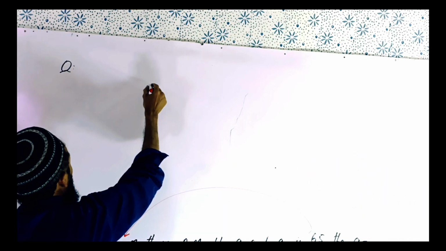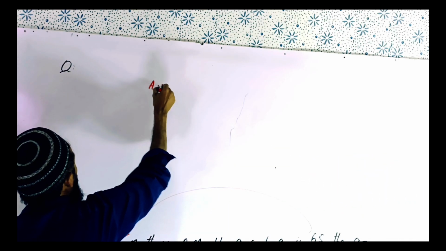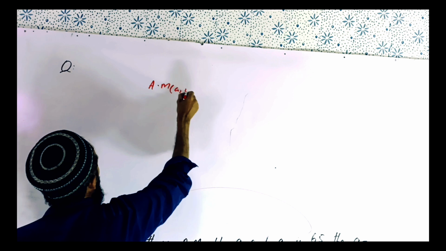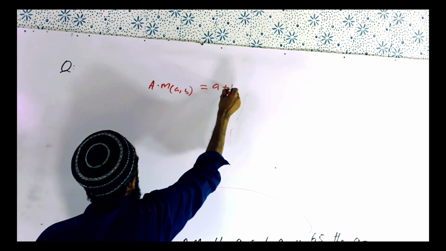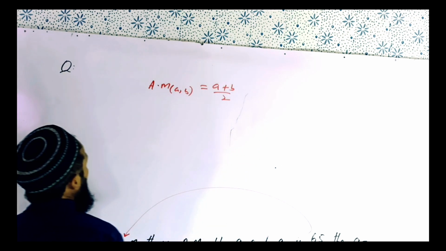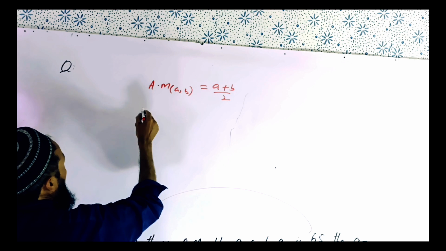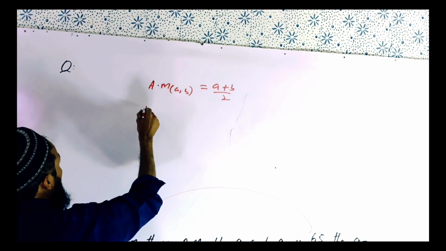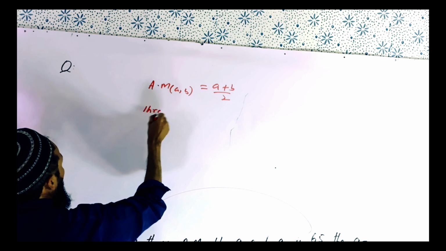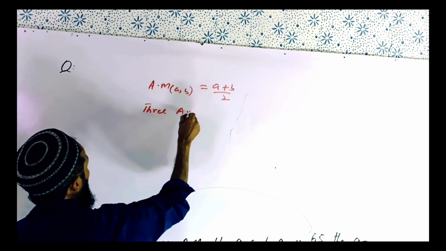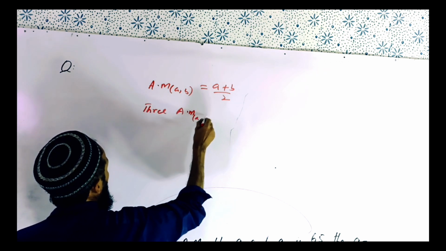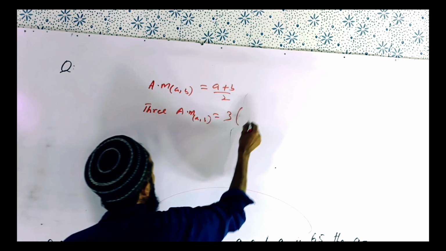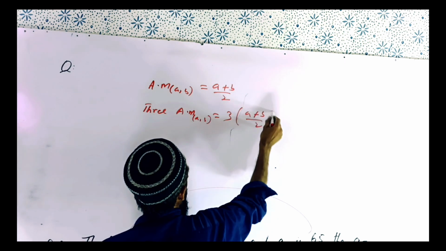Now arithmetic means. We know that the arithmetic mean between a and b is (a + b)/2. And for 3 arithmetic means between a and b, it is 3 times (a + b)/2.